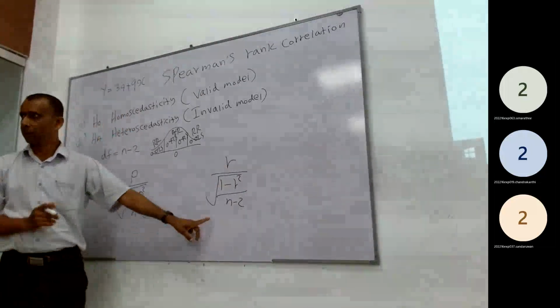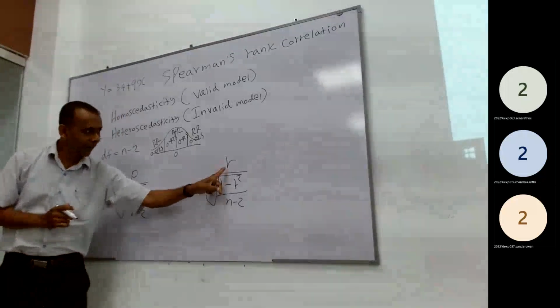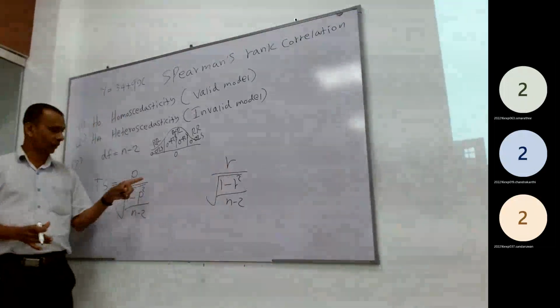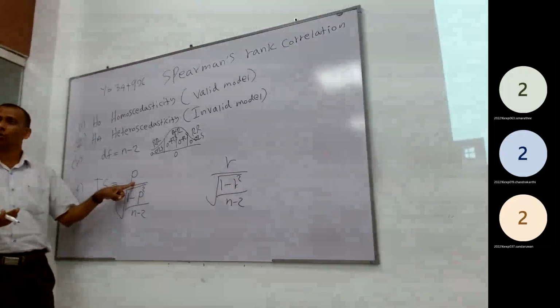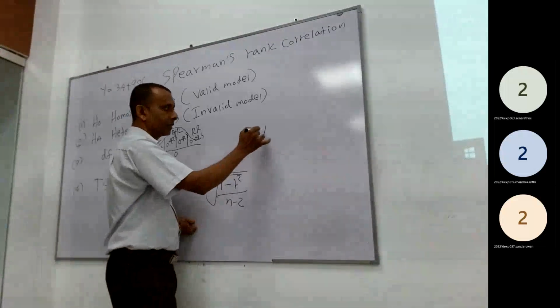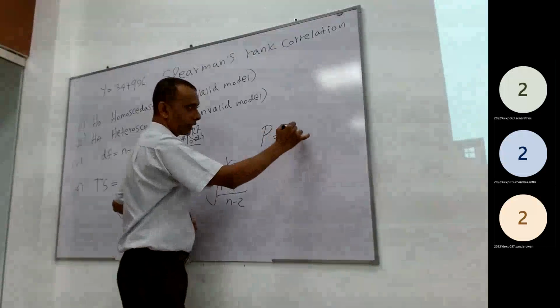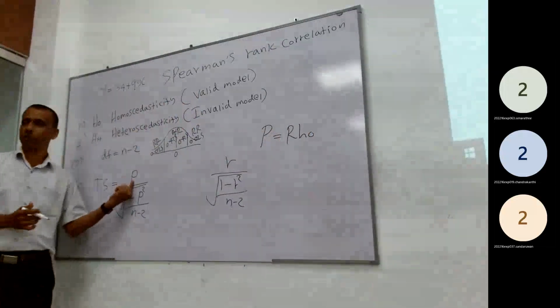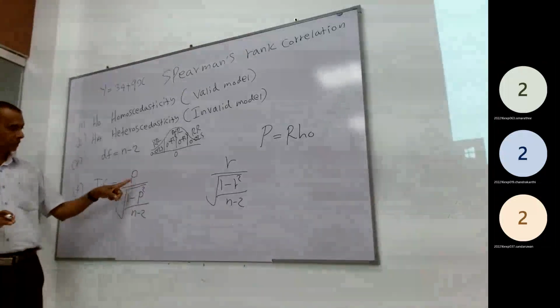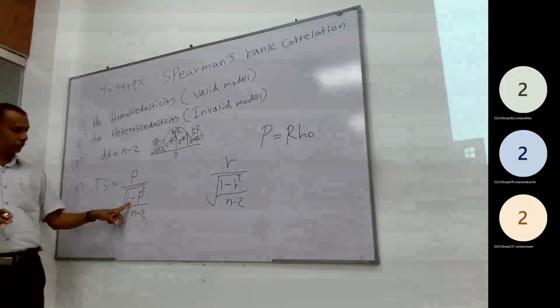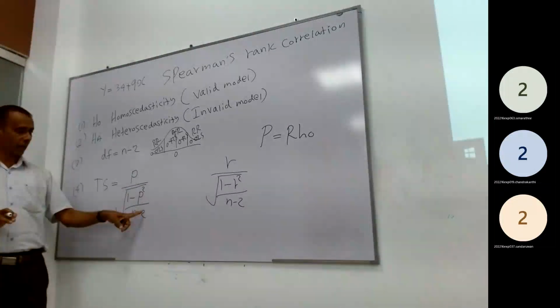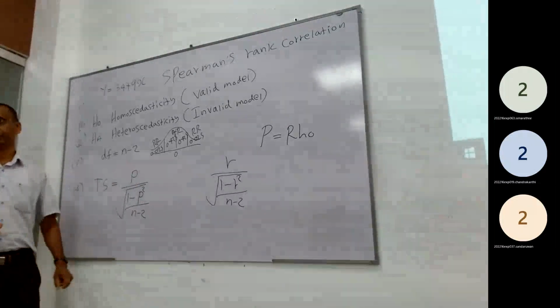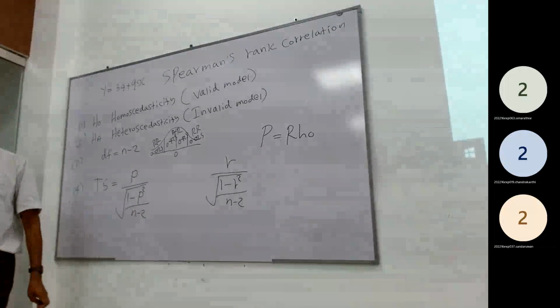In Spearman rank correlation we use rho, the Greek letter rho, or you can use simple r, no problem. This is the test statistic.